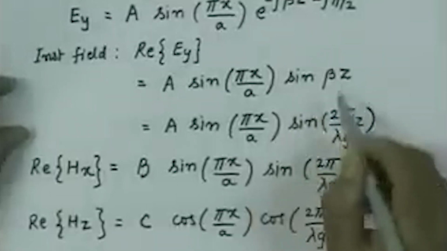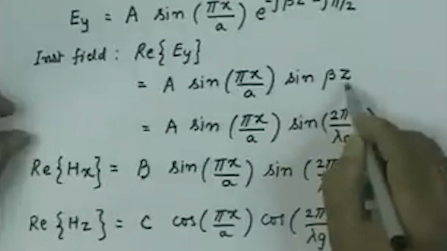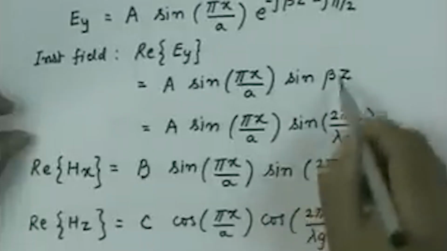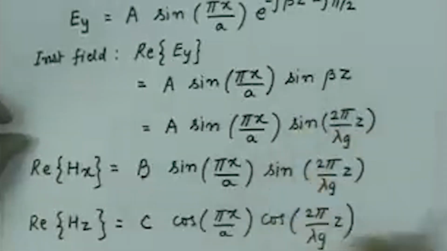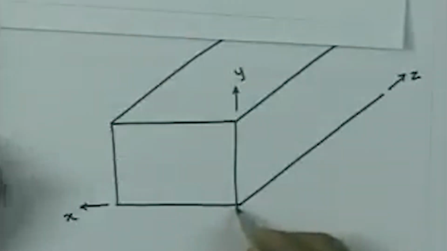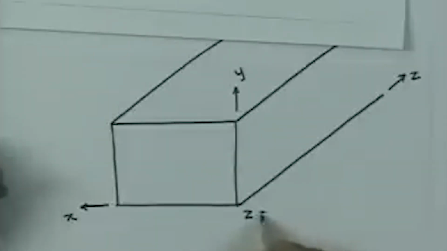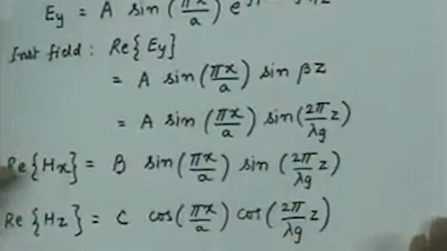The electric field as a function of Z is sinusoidal, and at Z equal to 0, this field is 0. If I go to a distance of lambda g by 4, then this field will become maximum, this quantity will become cos of beta Z. So, let us say instead of defining the origin here at Z equal to 0, the origin is defined somewhere here, and this location is Z equal to lambda g by 4, so that this quantity is maximum at that location.